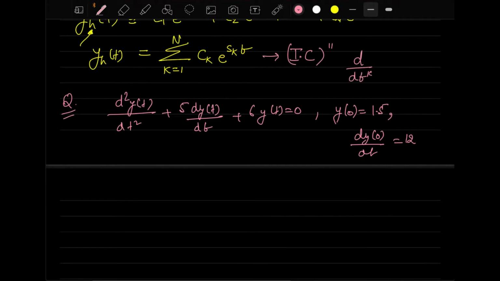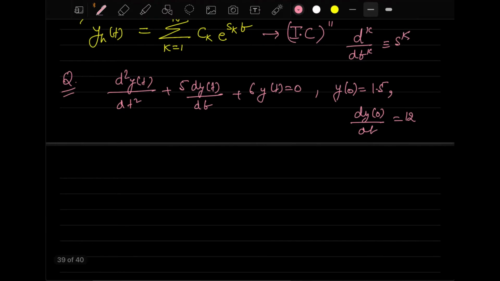We saw that all the operators given over here, that is d^k/dt^k, can be replaced by s^k. That is what we discussed during the formulation of this problem. So now you can replace it with s.